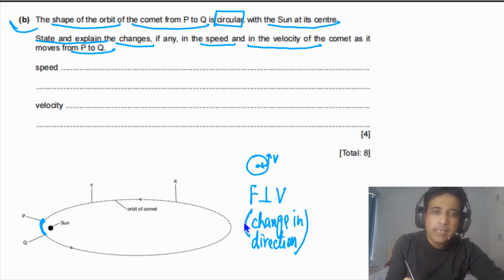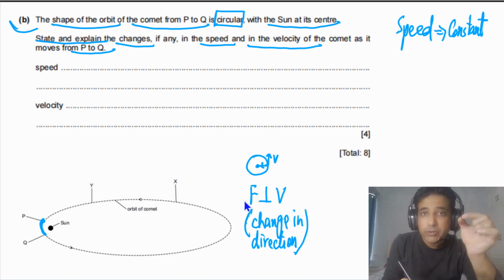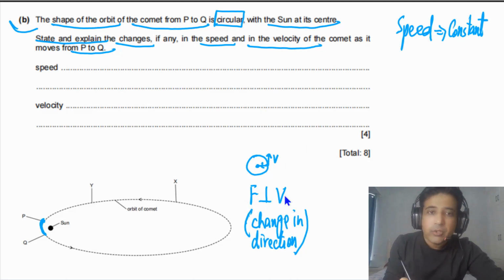So it means that the magnitude of the velocity will not change. So we can say the speed will remain constant, because speed is magnitude of velocity. It will remain constant because work done by the gravitational force is equal to 0, because the angle between them is 90 degrees.